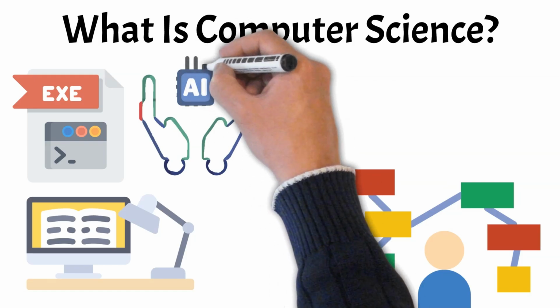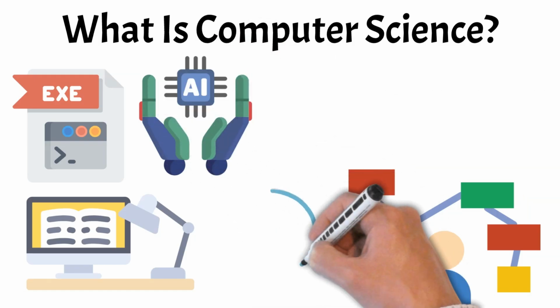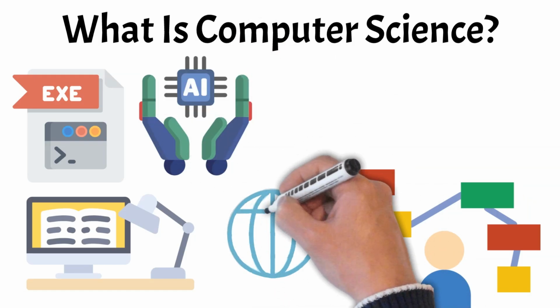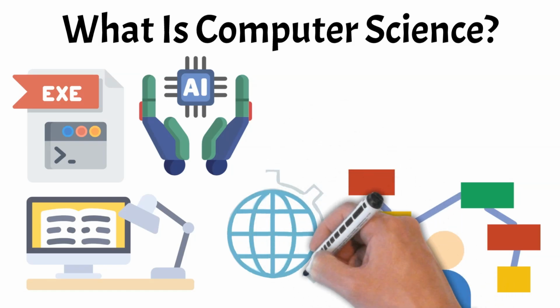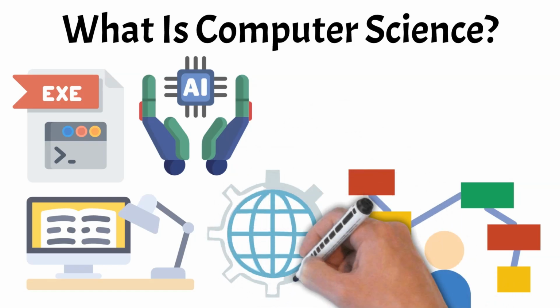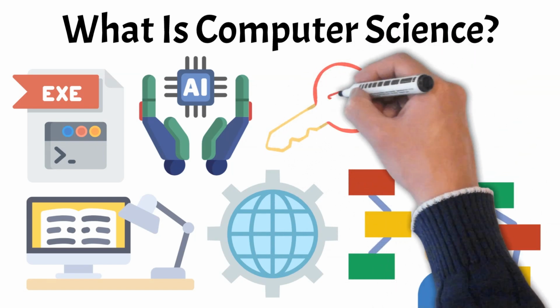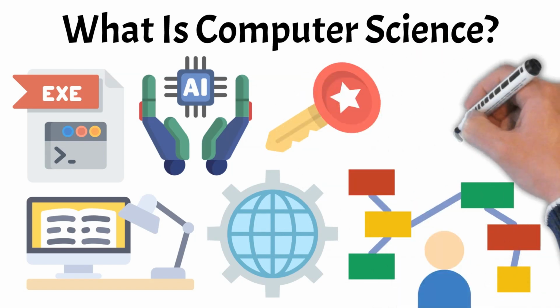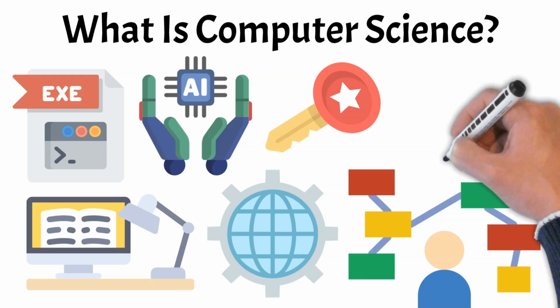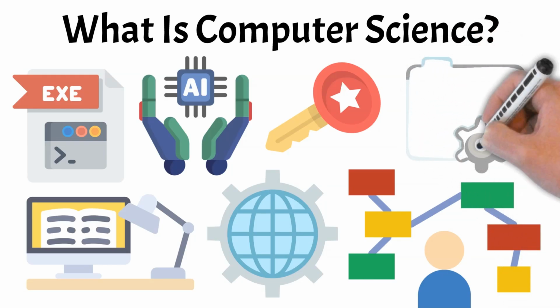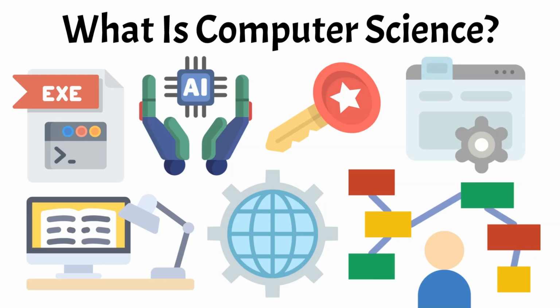It spans multiple fields, including artificial intelligence, cybersecurity, computer networks, and software engineering, all of which contribute to advancements in technology. Whether it's creating smarter AI, securing sensitive data, or optimizing computer performance, computer science plays a fundamental role in shaping the modern digital world.